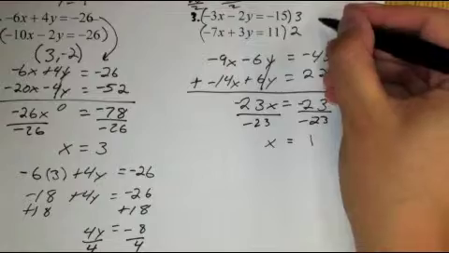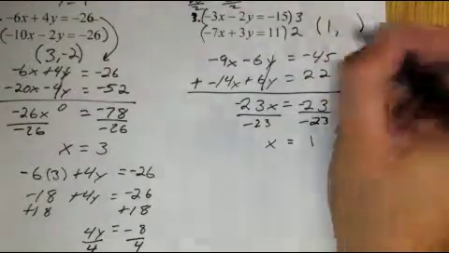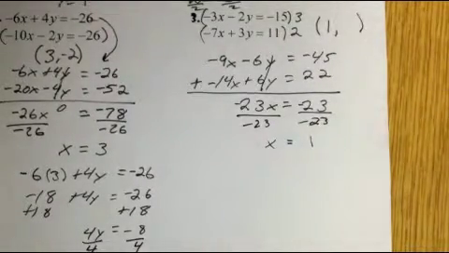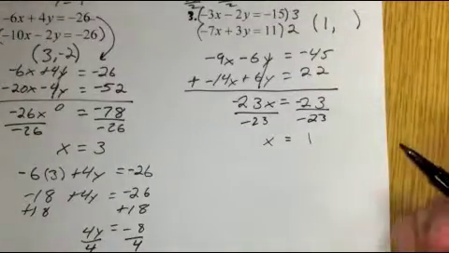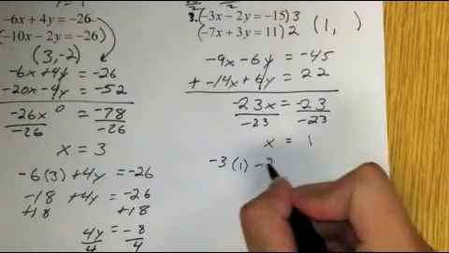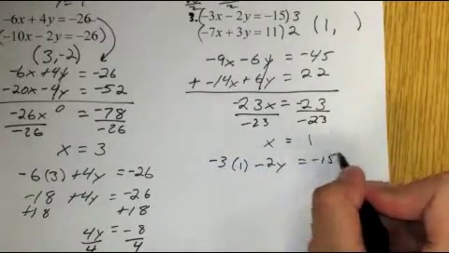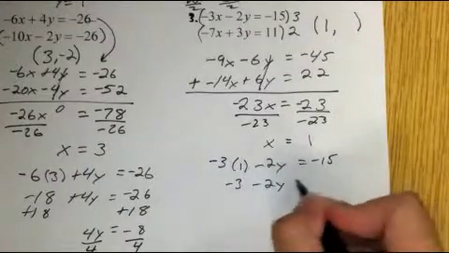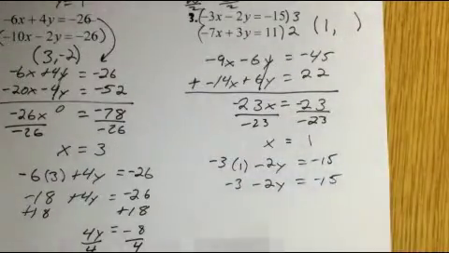So far our solution is 1 comma something. We got to find our y value. Go back to the original problem. Which one did you choose? Doesn't matter. How about at the top? Once again, smaller numbers. Negative 3 times 1 minus 2y equals 15. Solve for y now. Gives you negative 3 minus 2y equals 15.